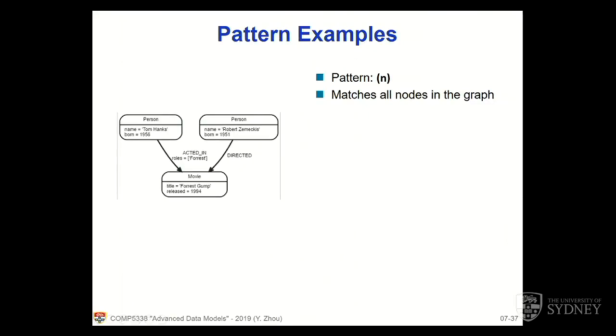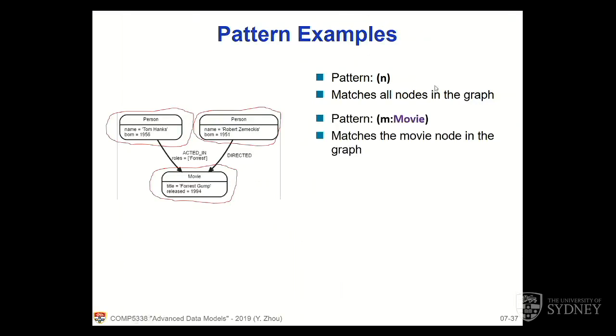It matches all nodes in the graph, any node in the graph, because it doesn't give any conditions. Now, if we have a pattern like this, with a label, that means the pattern represents a node of the movie label. So now it only matches this one.